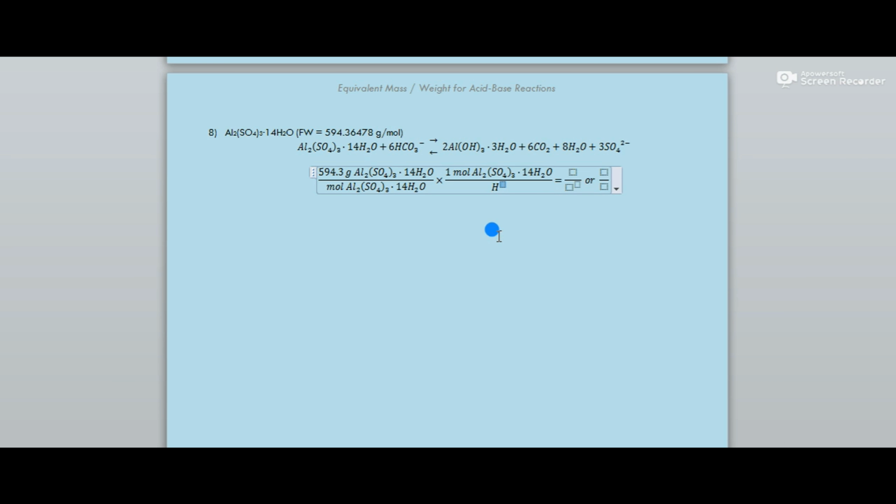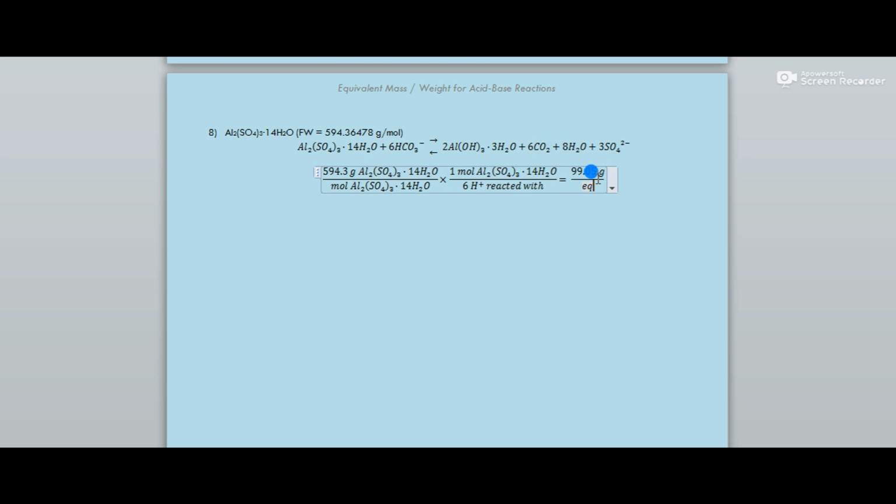Yes, you can represent it like that. Okay, so the equivalent weight I got here is 99.05 grams per equivalent.